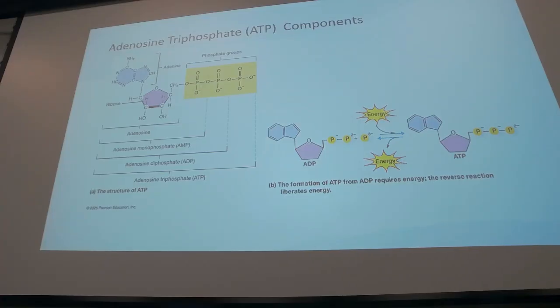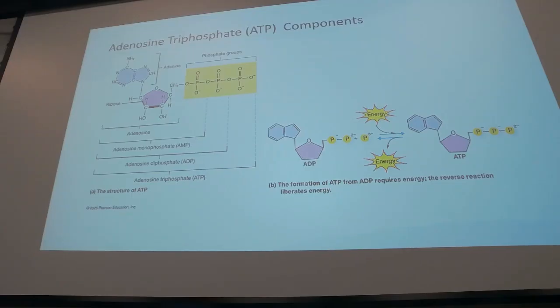Depending on how many phosphate groups you have attached to this adenine and this ribose is how you will call the molecule. If you have only one phosphate group, you will call it adenosine monophosphate or AMP. If you have 2, you call it adenosine diphosphate or ADP. And of course, if you have 3, it's ATP.